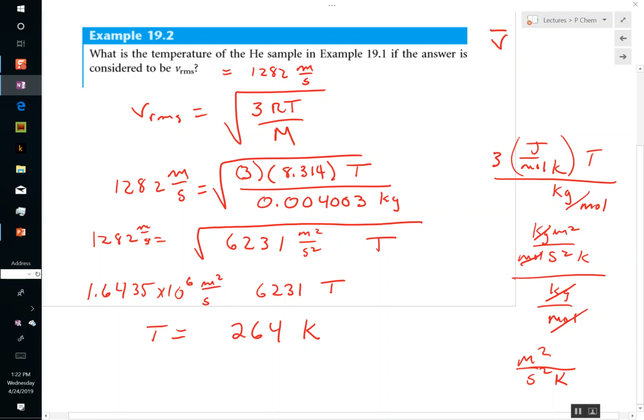I'm going to divide by 6231 meters squared per second squared, and I guess you leave the K behind for the temperature.